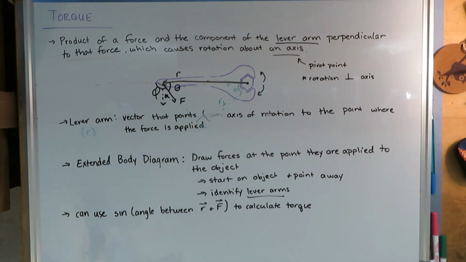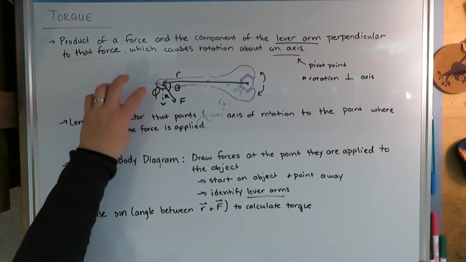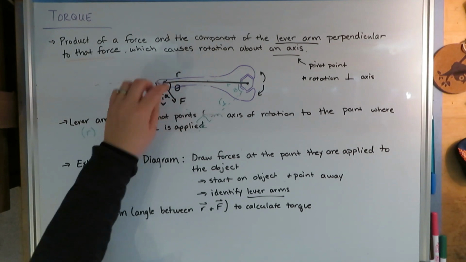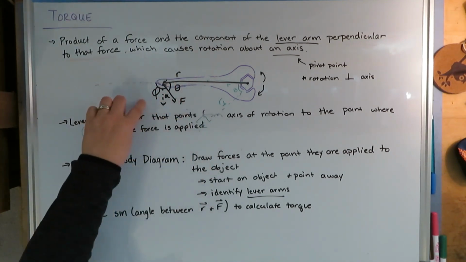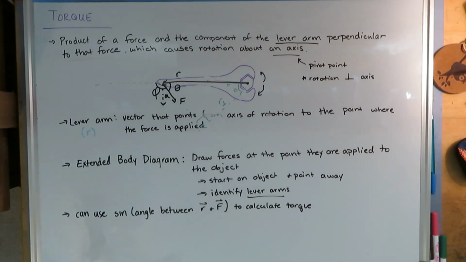Now, I personally find it easier just to find the perpendicular component. So that's usually the way that I define it. But if you are going to use the sine, because you find it confusing to find the perpendicular component, you just want to always use the sine, then just make sure that the angle that you're using is always one directly between R and F. So it can either be theta or it can be phi, but not alpha.